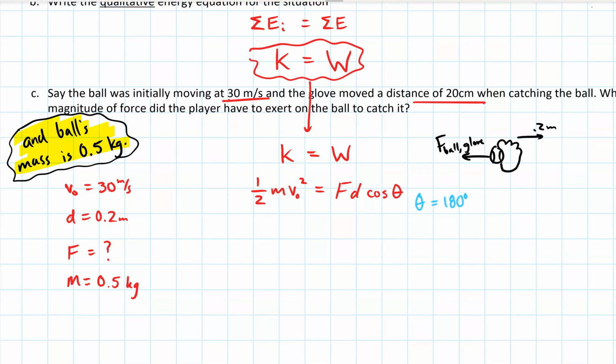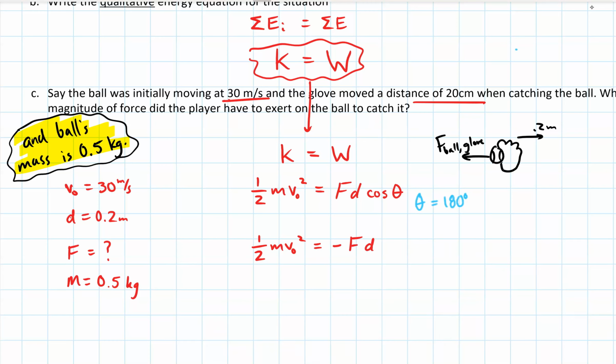When I plug in a few more things, 1/2 m v naught squared equals the cosine of 180 degrees, which is -1, so this is negative force times distance.